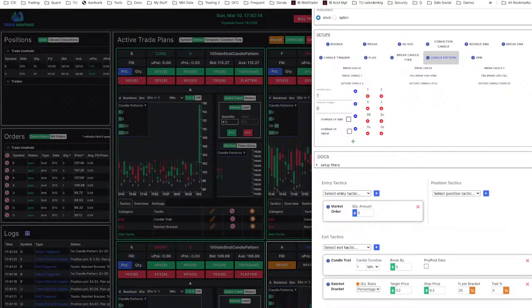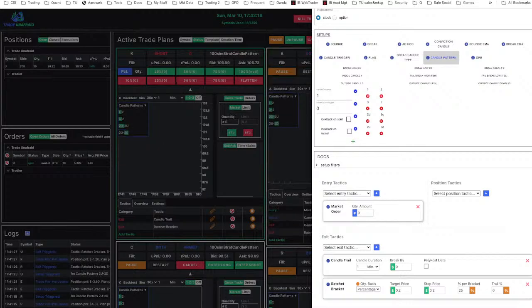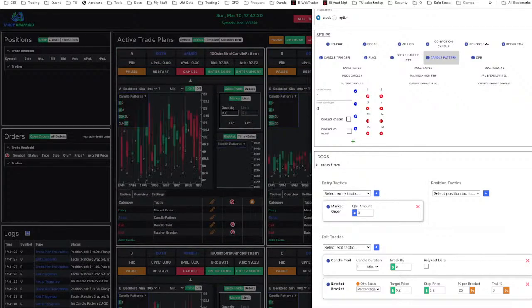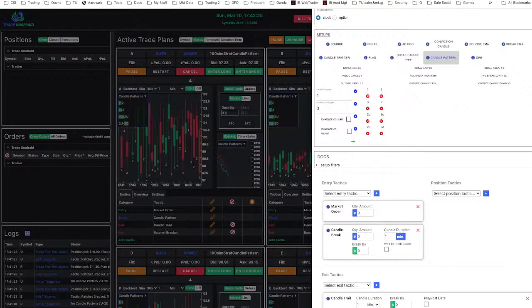So rather than a market order or limit order, you can use a candle break, which will then look for confirmation. So, for example, if I say candle break, then I can say that I want to enter, say, 10 contracts on a 1 minute candle duration.